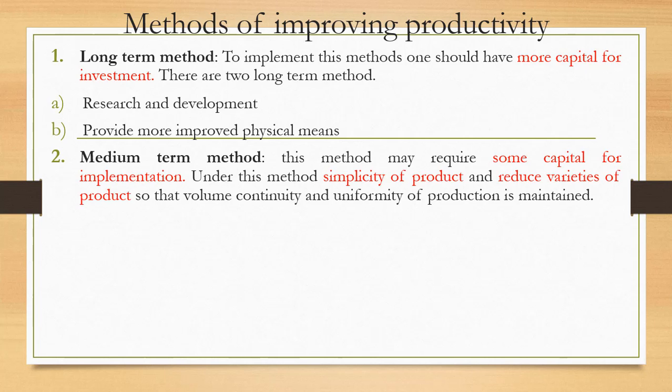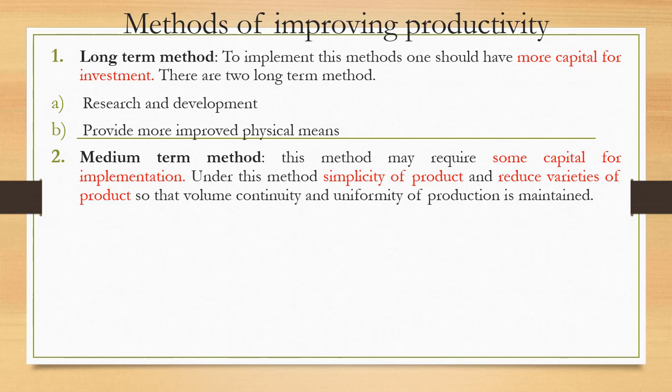In this method, we require some capital investment to simplify the product and to simplify the overall production system and to reduce varieties of product. In this method, we are going to change the design of the product. We are going to simplify the product and reduce the varieties of product.